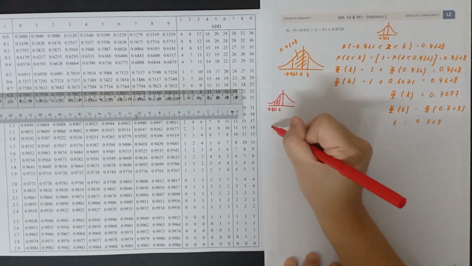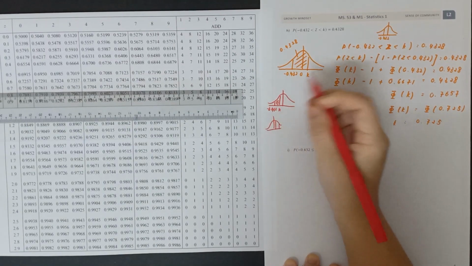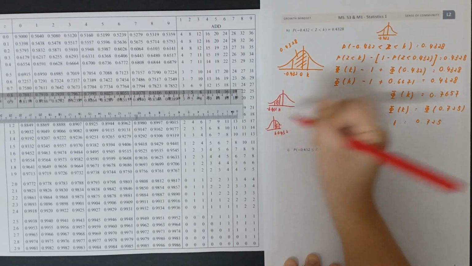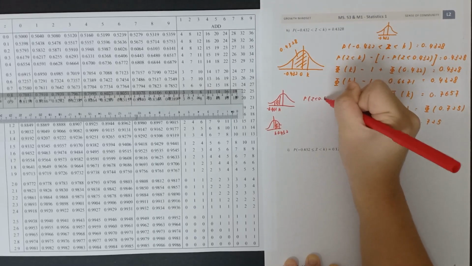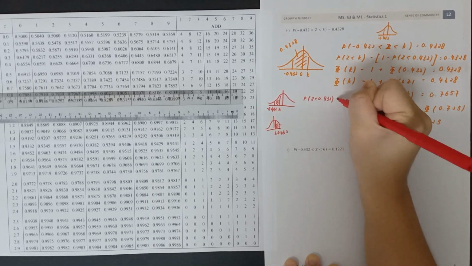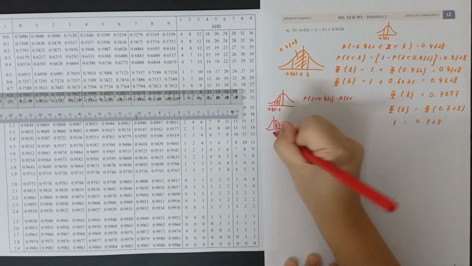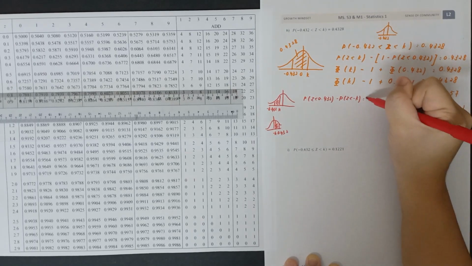So you reflect it, like k and 0.432. Then you use the probability for z smaller than 0.432 minus the probability for z smaller than k. Then this becomes negative k, because you reflect it. So that equals your answer.